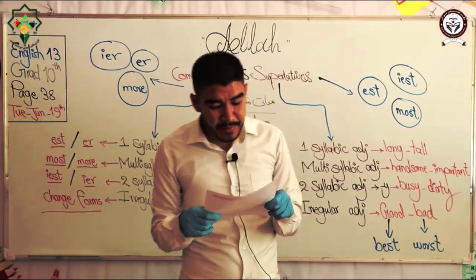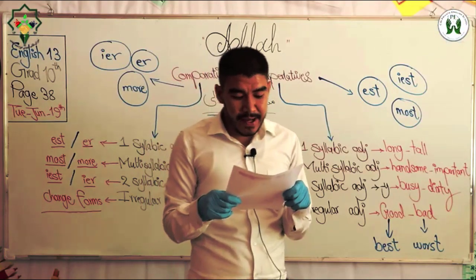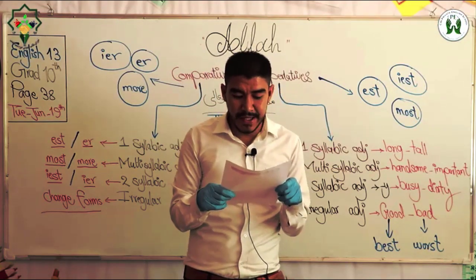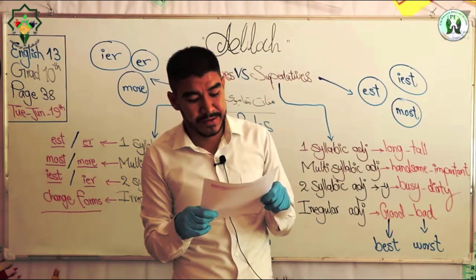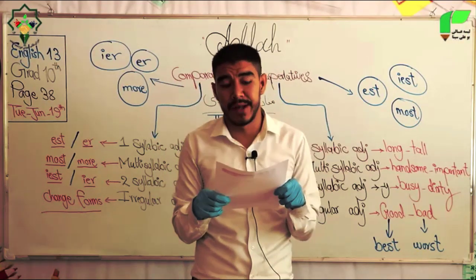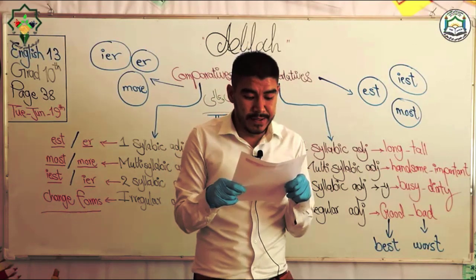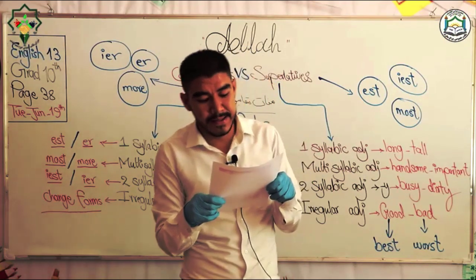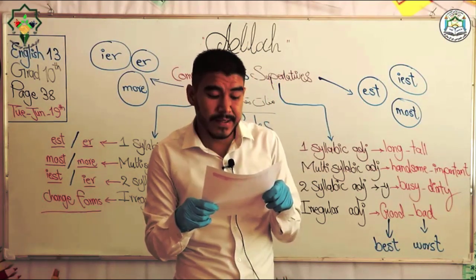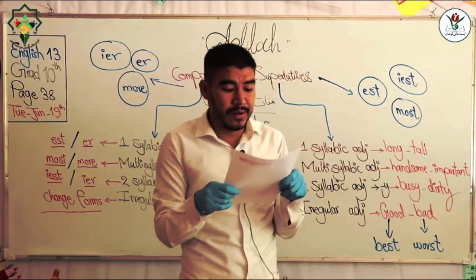Okay, more. Pens. Nasir has more books than Asad. So this is the comparative for nouns, okay? This is about books. Nasir has more books than Asad. We can use pens instead of books, or money.